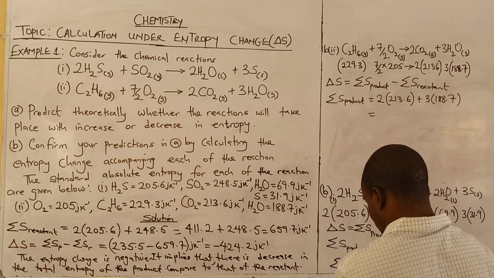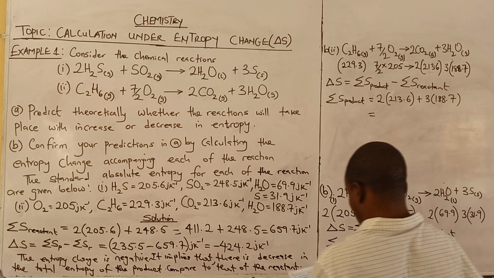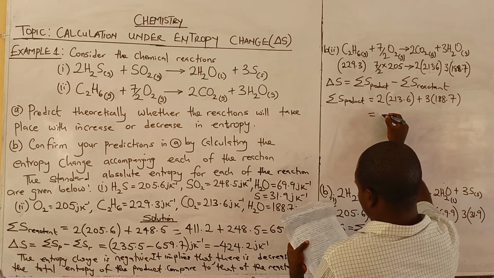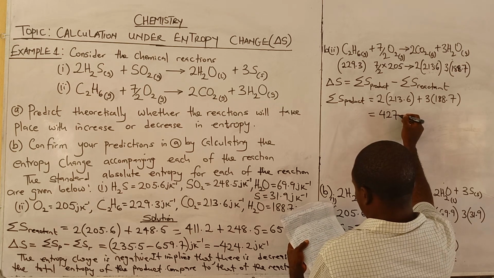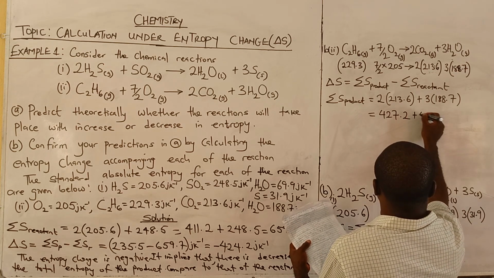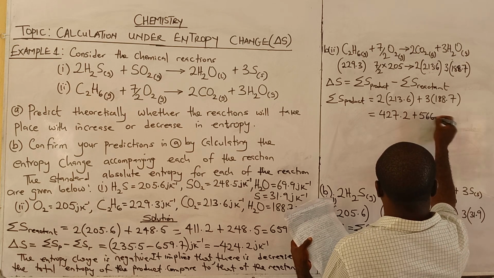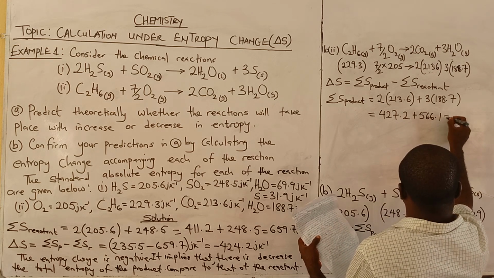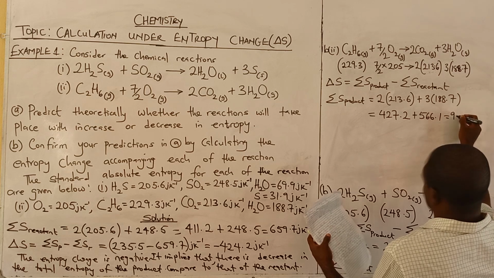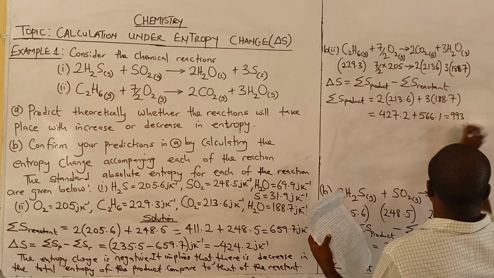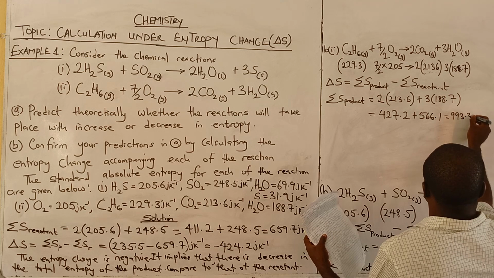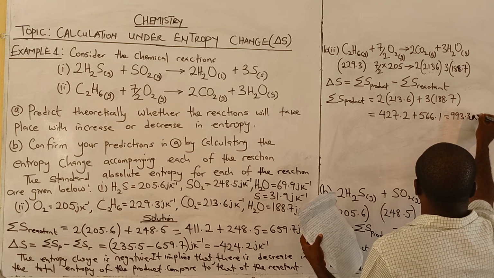When you multiply that, you have 427.2 plus 566.1, which equals 993.3 joules per Kelvin.